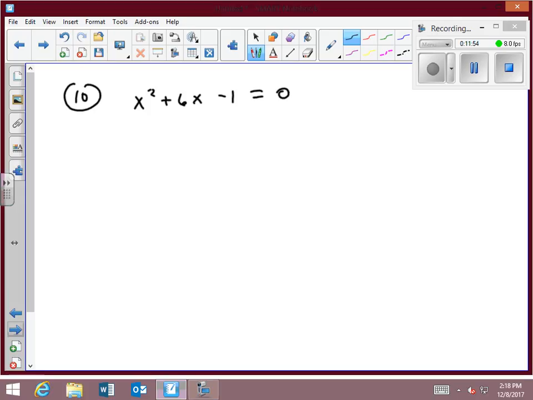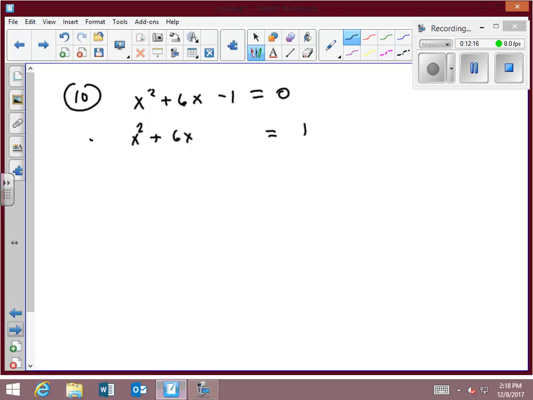You cannot factor it by trial and error. Then you would say, I have to use completing the square. What's the first step? Yeah, move the minus 1 over to the right as a plus 1.